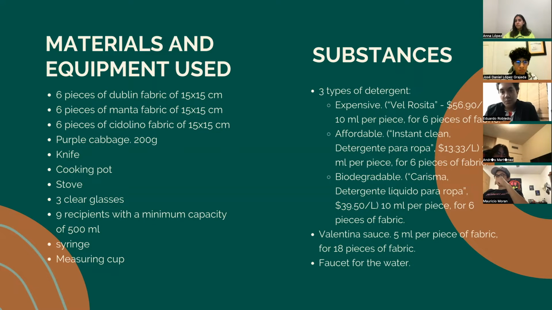Knife, cooking pot, stove, 3 clear glasses, 9 recipients with a minimum capacity of 15 milliliters, syringe, and measuring cup. The substances were 3 types of detergent: we bought an expensive one, an affordable one, and a biodegradable one. We used Valentina sauce, or you can use any type of sauce you want, and a faucet for the water.